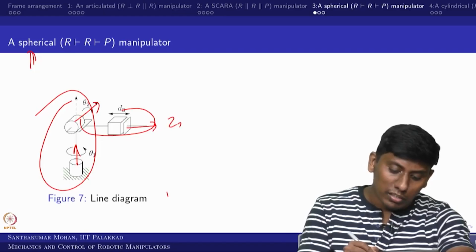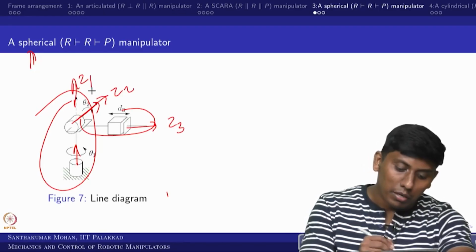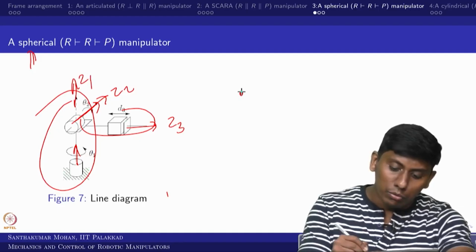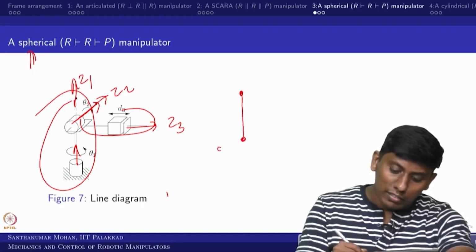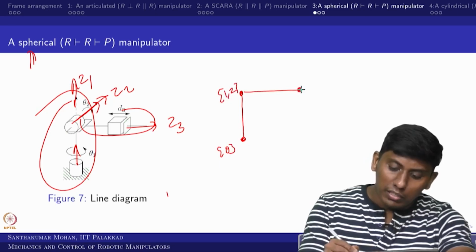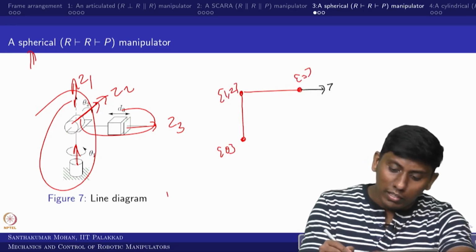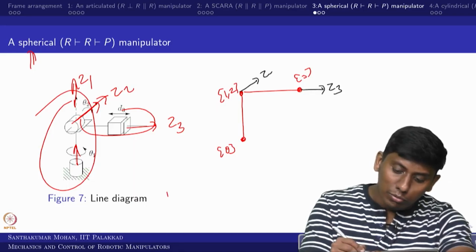So, now this is Z3 and this is Z2 and this is Z1. In the sense, we can see this is 0 and this is 1 and 2 and this is 3. Further, this is Z3 and this is Z2 and this is Z1 and this is Z0.